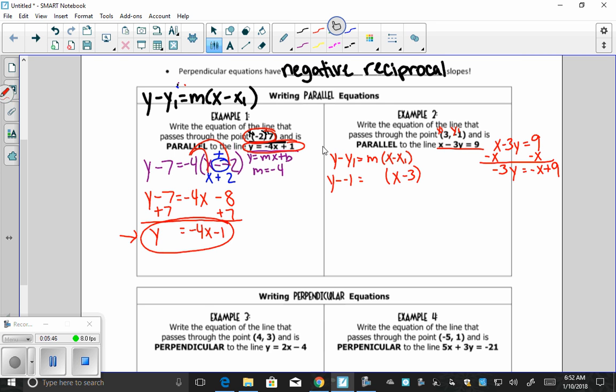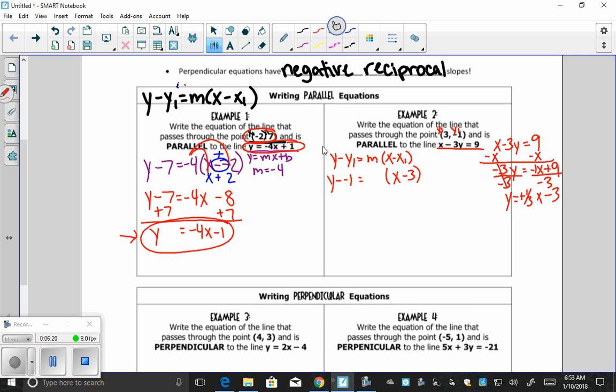Once I do that, I divide both sides by negative 3 so that my negative 3's cancel out. And I'm left with y equals positive 1/3 x minus 3, because it's a negative 1 divided by a negative 3, which gives me a positive 1/3, and a positive 9 divided by a negative 3 gives me a negative 3.